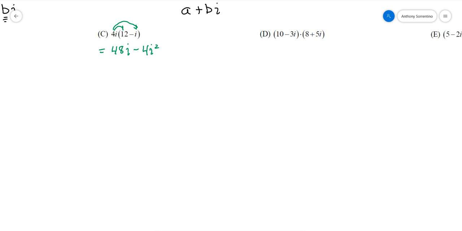There is no i squared in a complex number format. But this also goes back to what we just learned: i squared is the same thing as negative 1. Which means I have 48i. Negative 4 times negative 1 is a positive 4, so this becomes a plus 4. And of course, I want to write it in the exact format. I'm going to have 4 plus 48i.